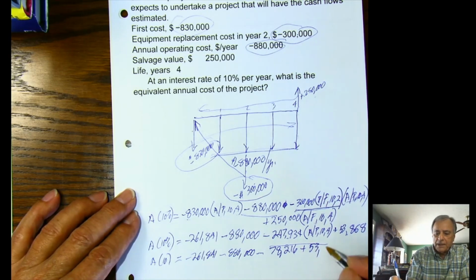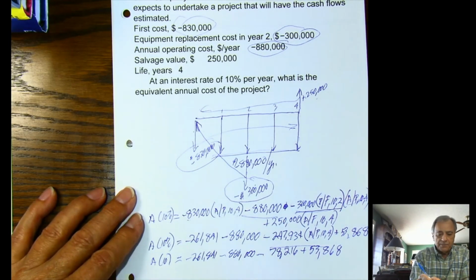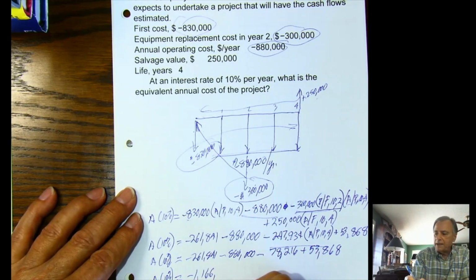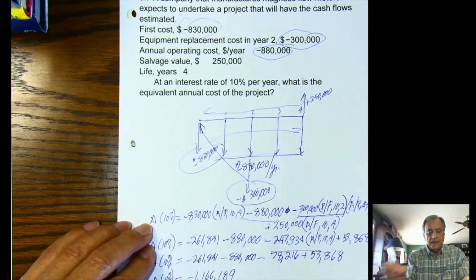All of these are dollars per year for years 1 through 4. And when I sum these up, I get the total annual equivalent at 10% is minus $1,166,189. And so that gives me the final answer.